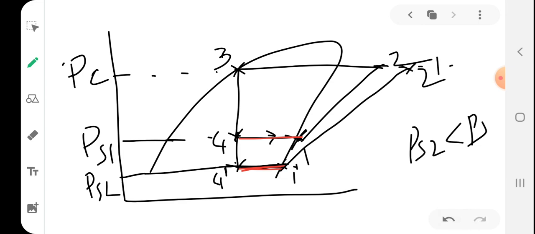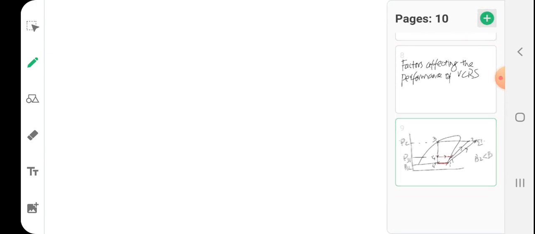So this is 2 dash. Same pressure means it will be somewhat towards the right of 2. So students, the first conclusion is that if suction pressure is decreased, refrigeration effect is decreased.